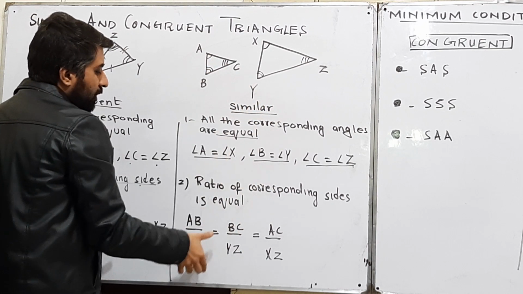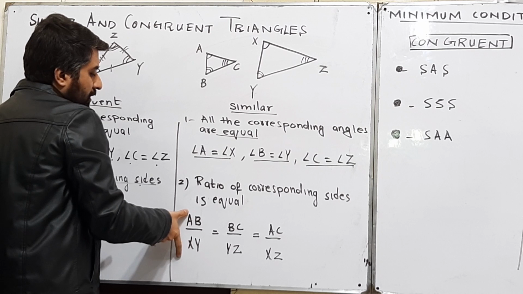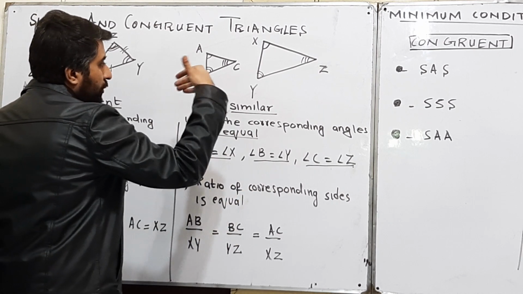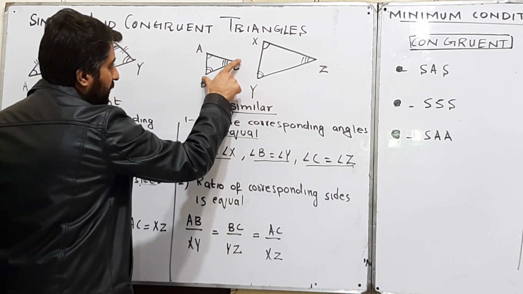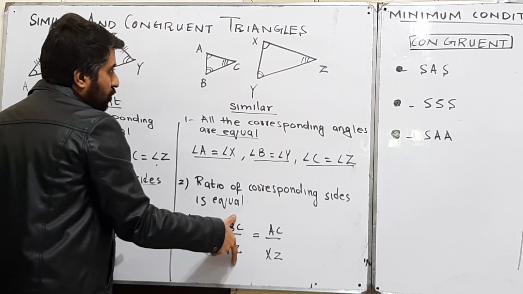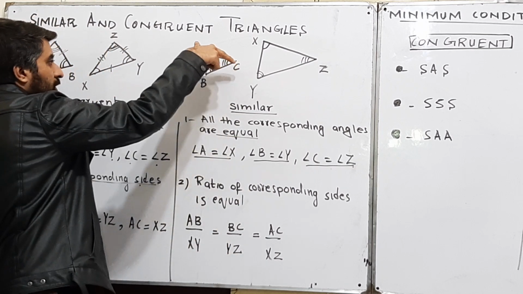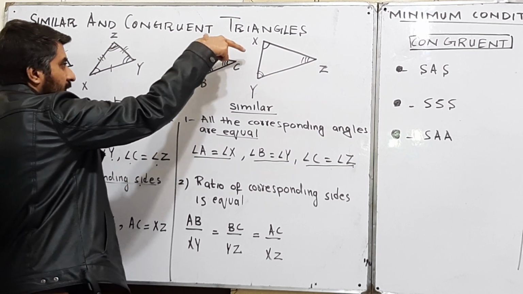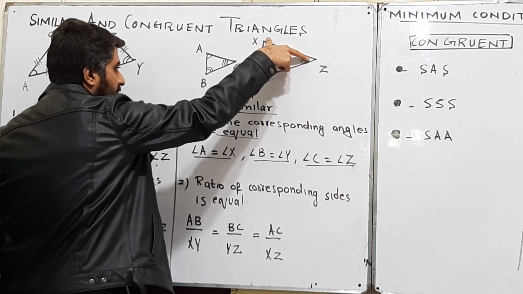That will be equal to the ratio of the sides BC divided by YZ, and this ratio will be equal to the ratio of the third corresponding sides, that is AC divided by XZ.